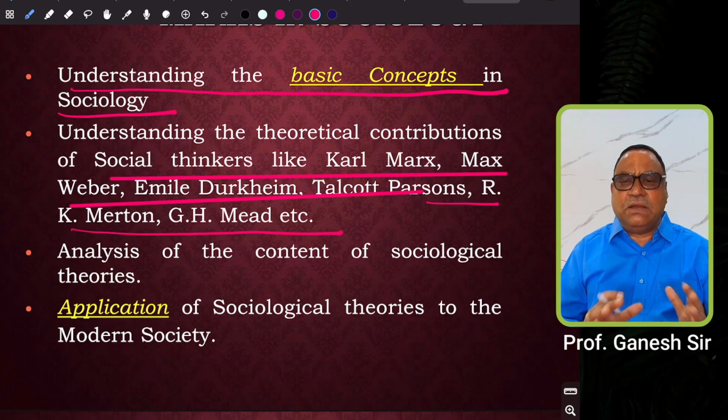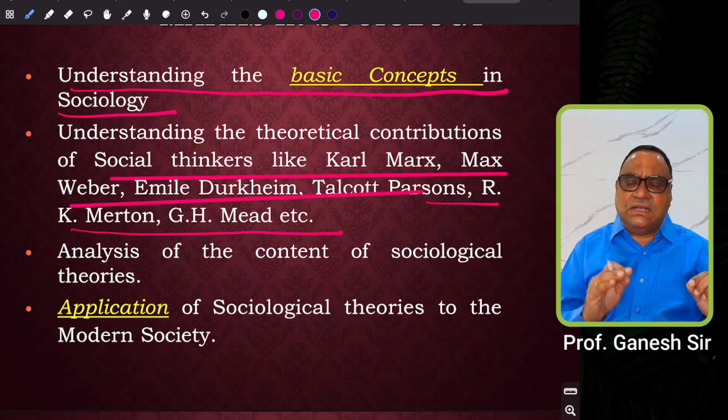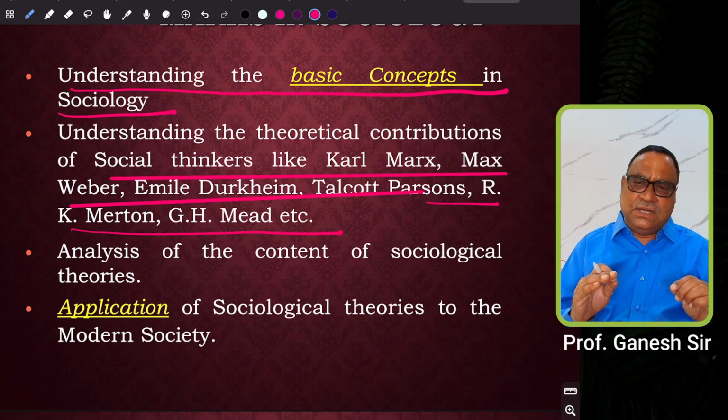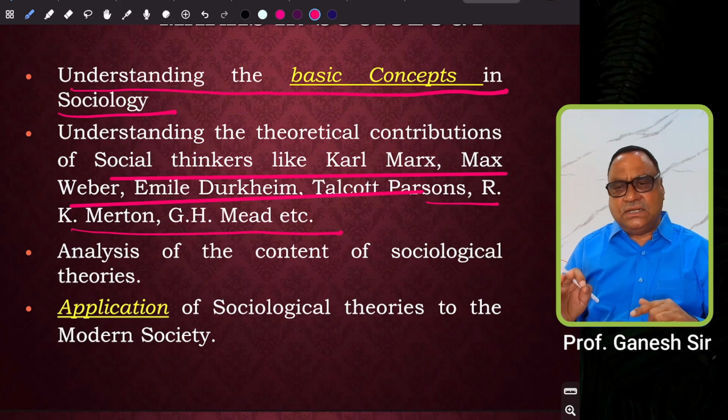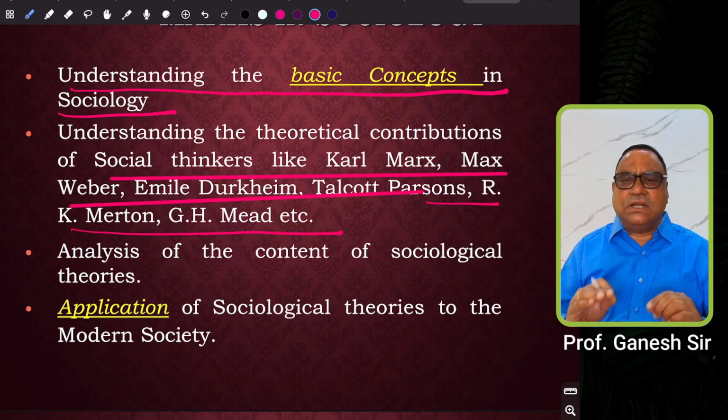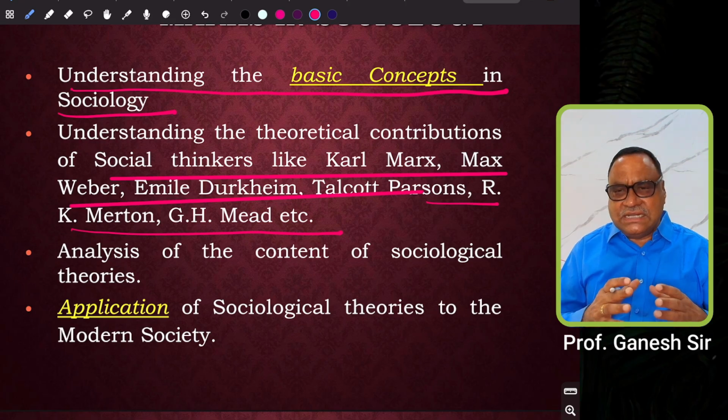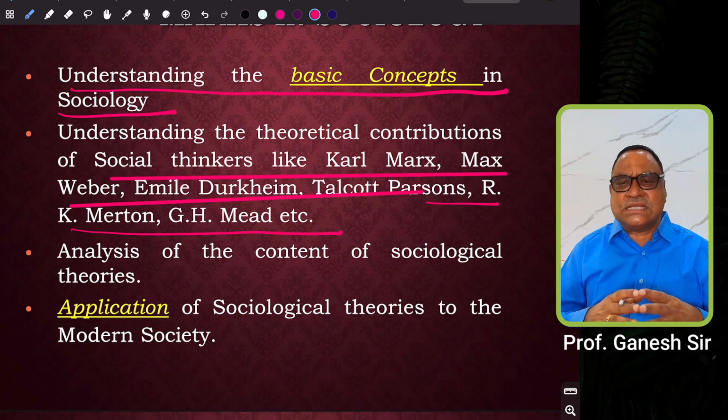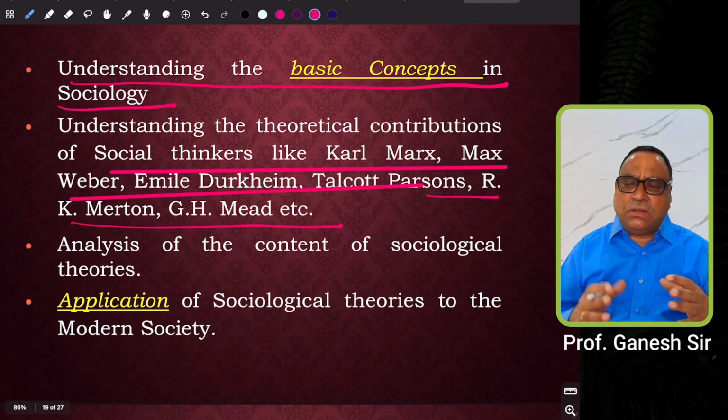For example, take the Marxian theory of class struggle. To what extent is the content of the theory of class struggle relevant to modern capitalist society, whether it is relevant or not. Similarly, Max Weber has discussed the theory of bureaucracy. To what extent is Weber's theory of bureaucracy relevant to modern bureaucracy?